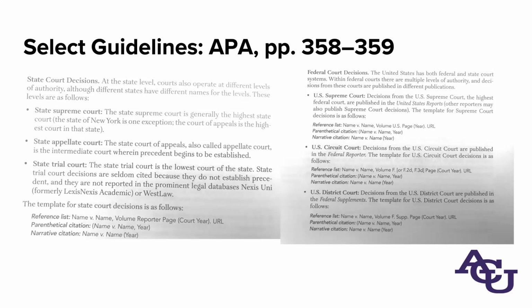And in the federal, we see slightly different standards for the Supreme Court, for the Circuit Court, and for the district courts. But it's really just small variations in the reference, and the parenthetical citations are just name versus name and year.